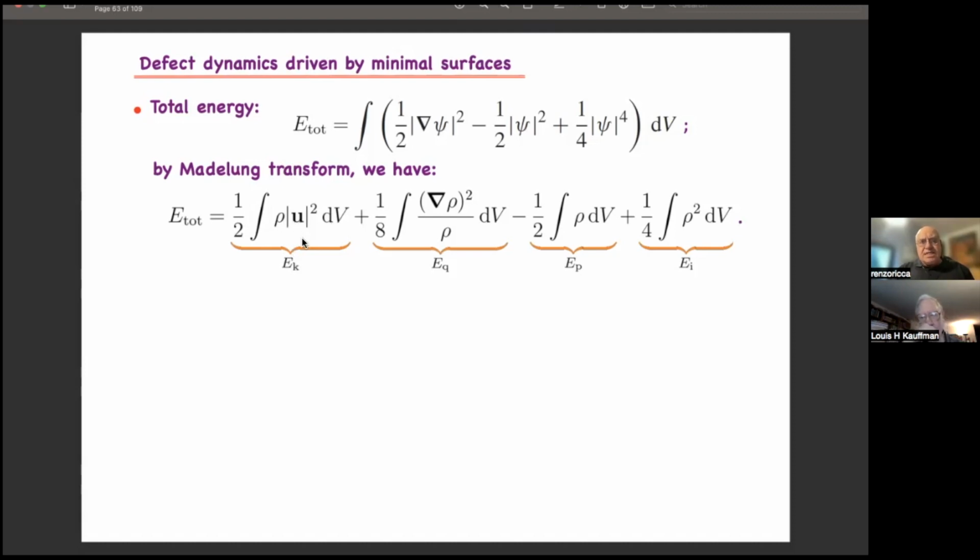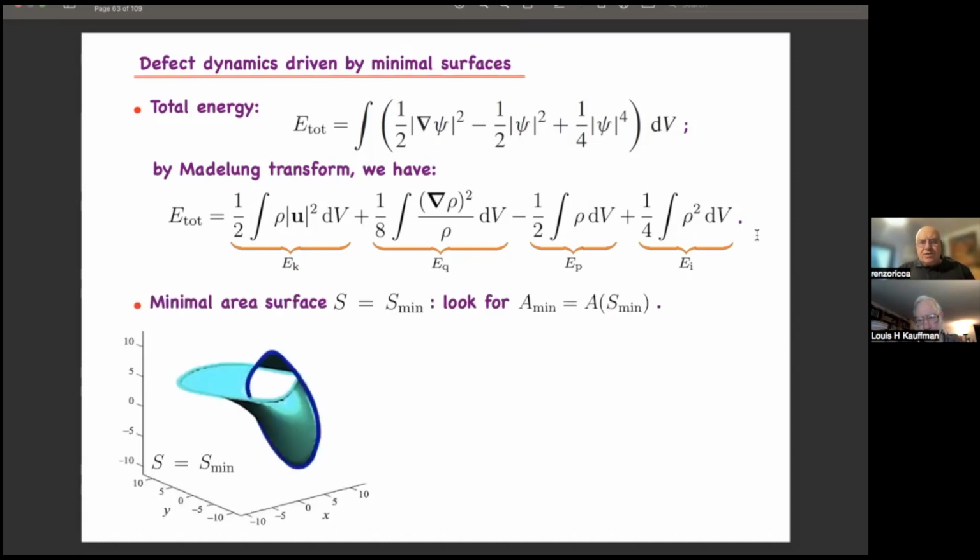You see, it's a standard kinetic energy of classical physics, a velocity squared times density. Then we have a contribution in terms of gradients of this density, and this is called a quantum contribution to energy. Then we have a potential energy and an interaction energy.